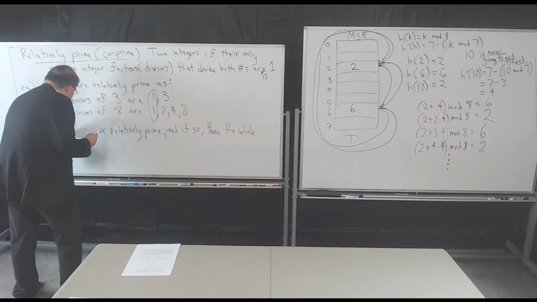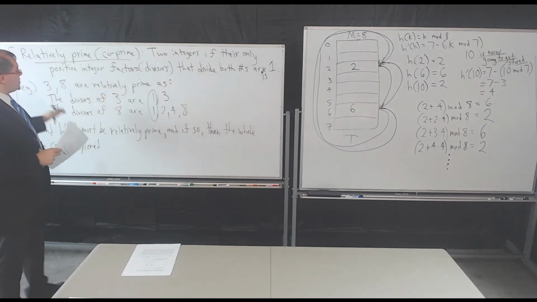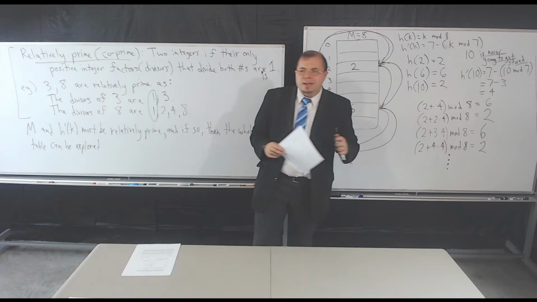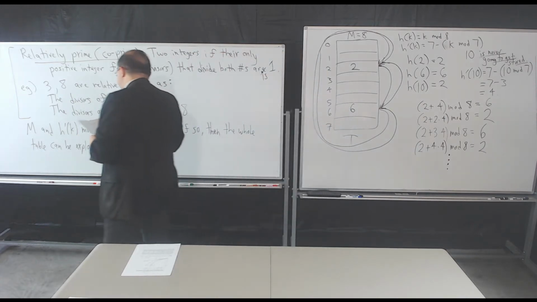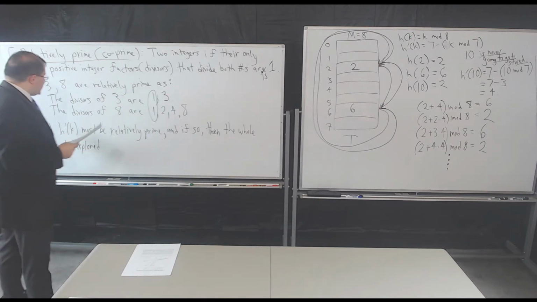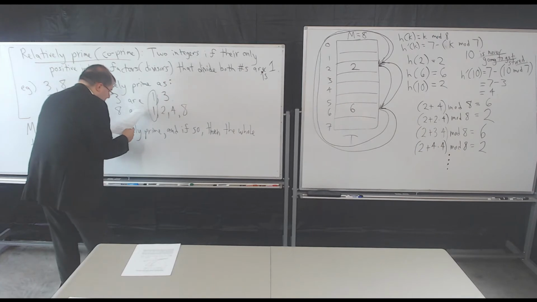In number theoretic terms, it means that there's a period for this computation, and it has a certain length, and I'm not going to get into those details, but the point is that if this is not true, it's very possible that you won't explore the entire table.